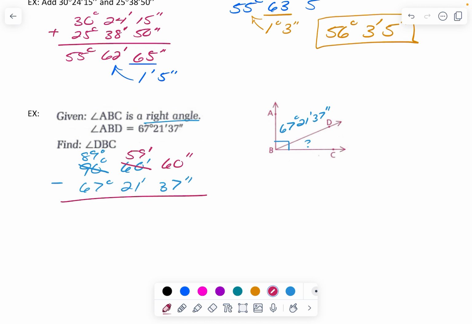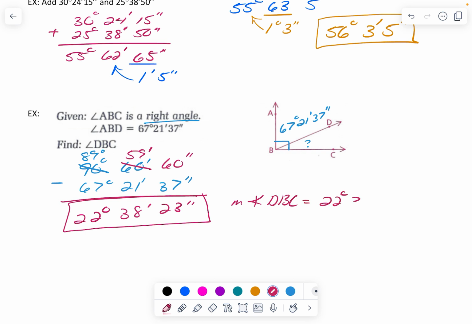So now we can subtract. We're going to have 23 seconds, 38 minutes, and 22 degrees. So the measure of angle DBC is equal to 22 degrees, 38 minutes, 23 seconds.